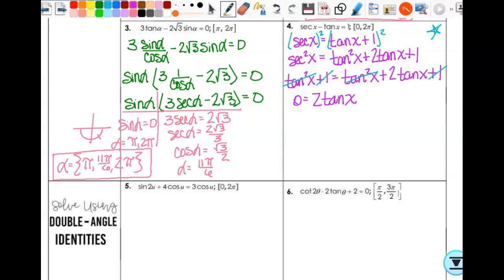Which means that 0 equals tangent x. And I'm going from 0 to 2 pi, so we're using the whole circle here. When is tangent 0? 0, pi, and what? 2 pi.